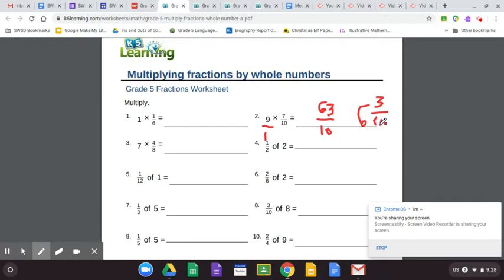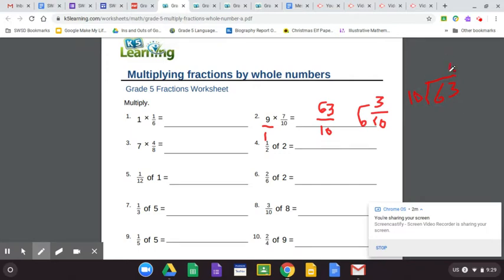If you can't just look at the number and think about that, you can also write it as a division problem, because remember this line means division. So you're going to do 63 divided by 10. And if you solve that, you know that 10 goes into 63 6 times, and then you would have a remainder of 3, and your denominator is 10.